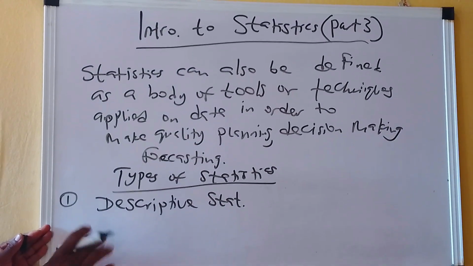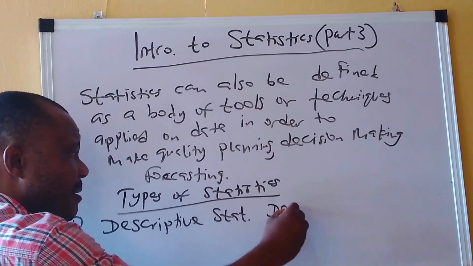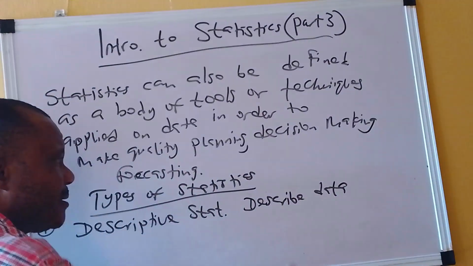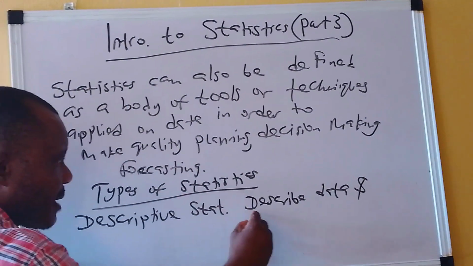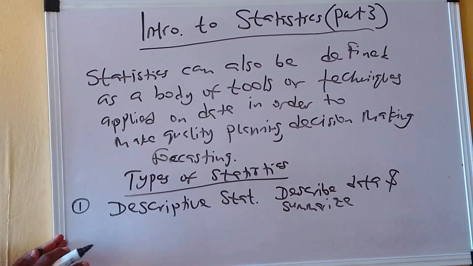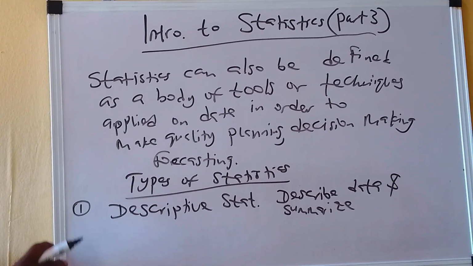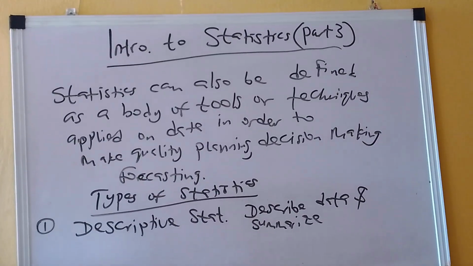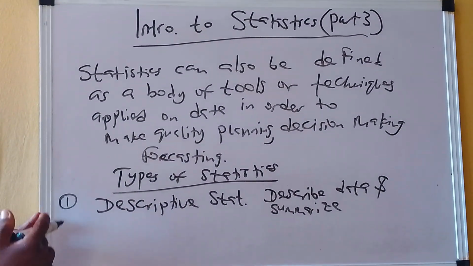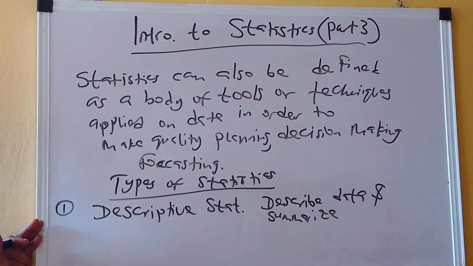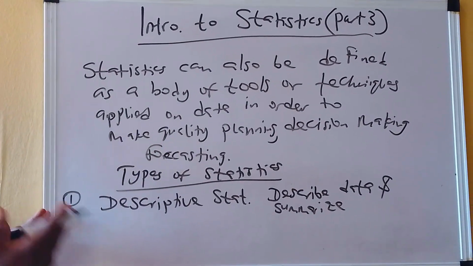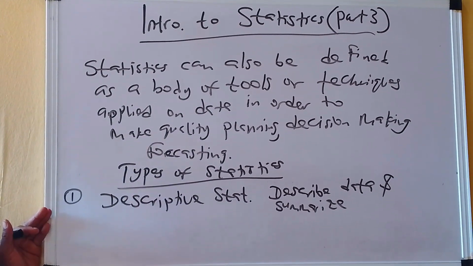The job of the descriptive statistics is to describe data and summarize them. So when data are described and summarized in a particular way, that is what we mean by descriptive statistics. For instance, we can use measures of central tendency like the mean, the mode, the median to describe data. We can use percentages, we can use graphs, the pie chart, the bar chart, the histogram.